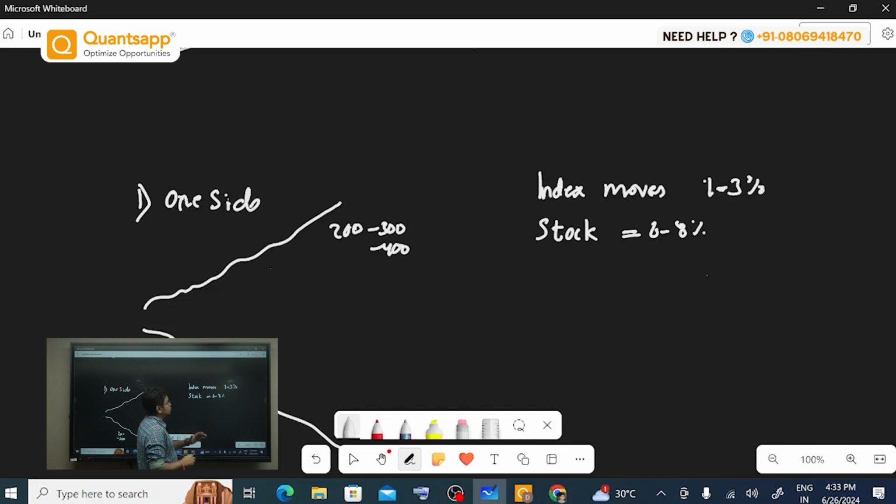And if I'm not talking about the quantity, even if you go with the minimum lot, you will get maximum profit in the stocks.